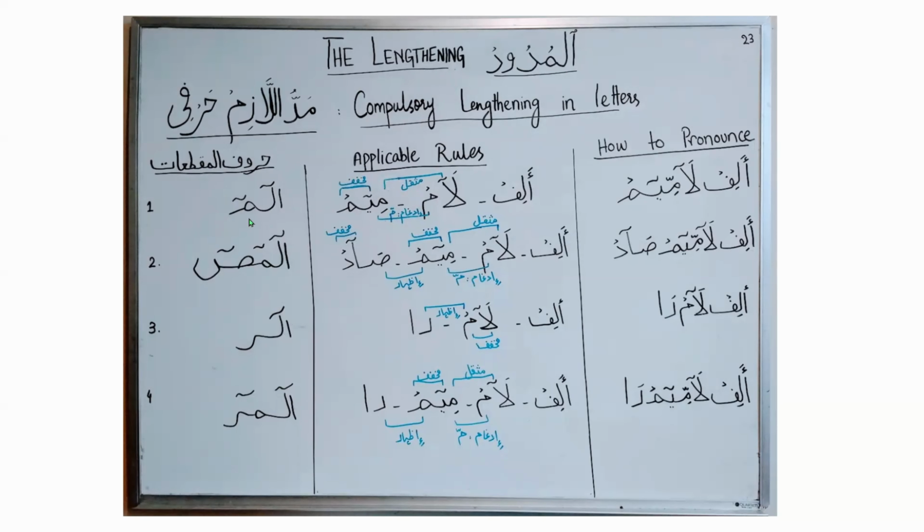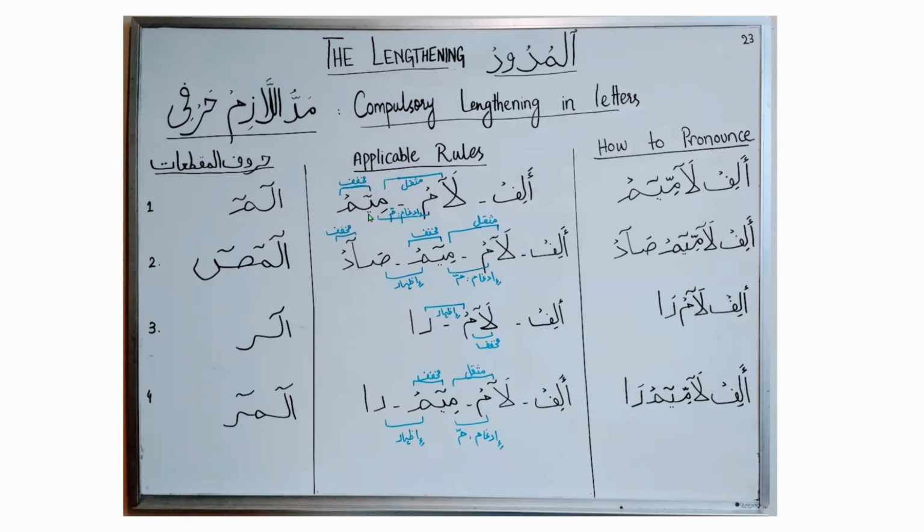In the first example, Alif Lam Mim, if I try to write the names of all these letters, I can write them like this: Alif Lam Mim. Alif has no mad. In the name of letter Lam, there is an alif mad followed by letter Mim, and this meem is sakin.